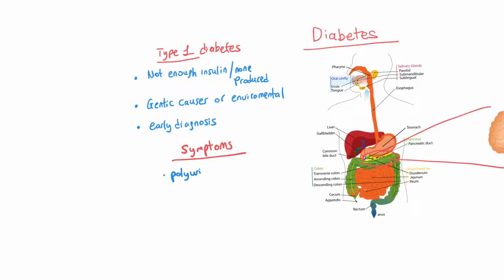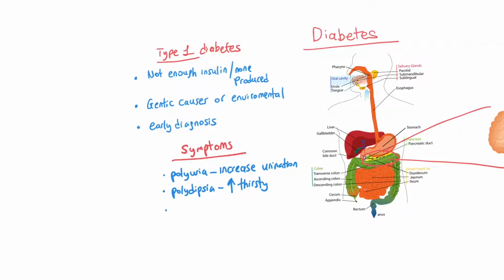Polyuria, which is increased urination or frequency of urination, and polydipsia, which is increased thirst. They're more thirsty, but yet they still feel dehydrated.